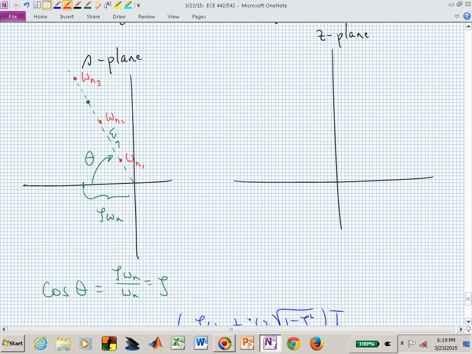Theta becomes 90 degrees, doesn't it? And we're on the imaginary axis. And what do we know the imaginary axis maps to in the z-plane? The unit circle. So we know for zeta equals 0, for no damping, we're on the unit circle in the z-plane. So now I have to draw a circle.